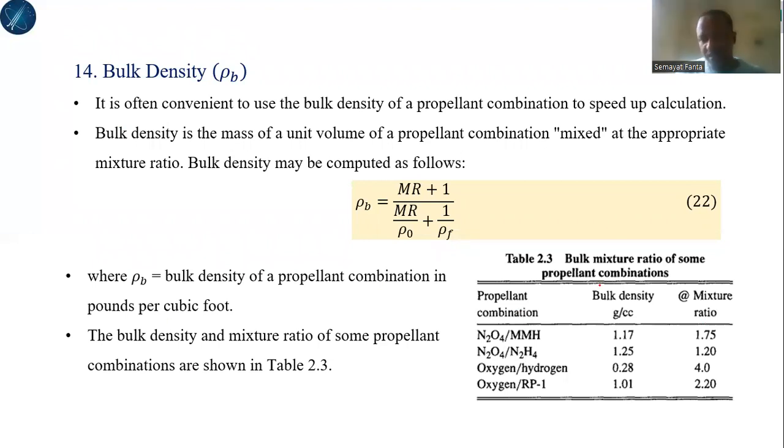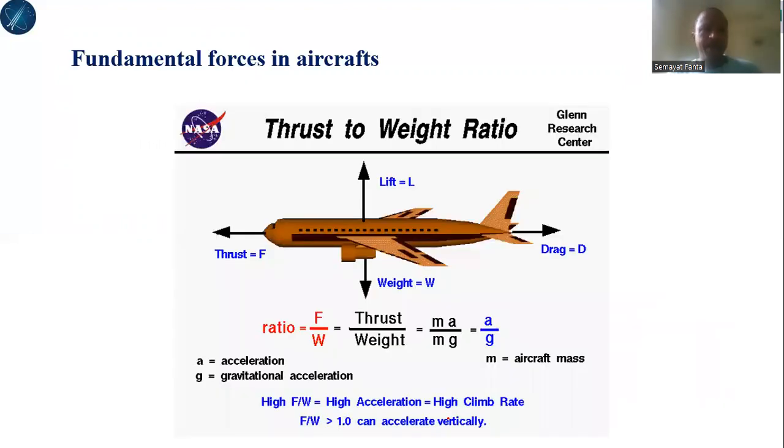The bulk density and the mixture ratio for various propellant combinations are here. This is there in your textbook, one of the textbooks which we are using, so on that you can get this table.